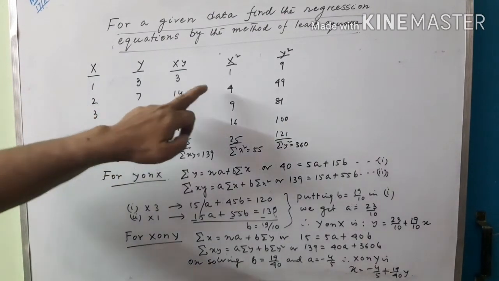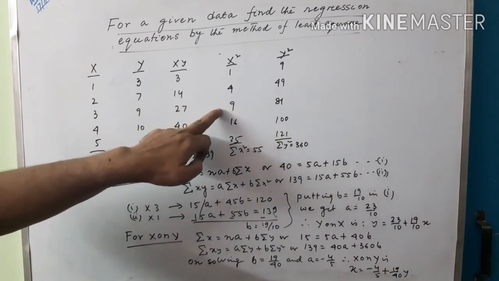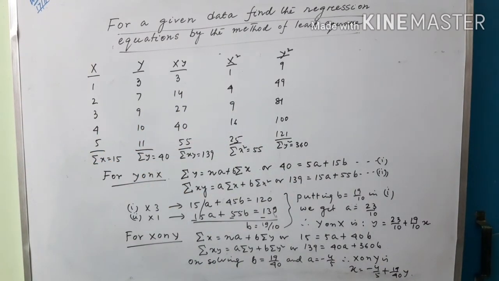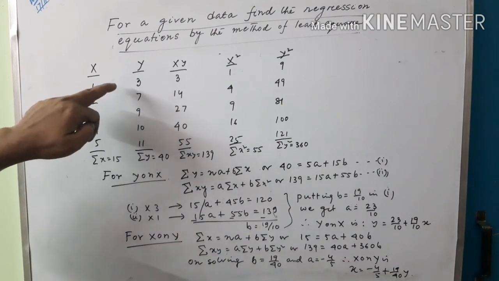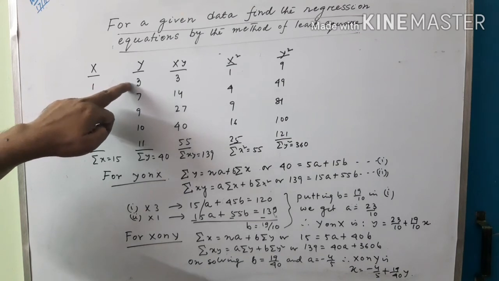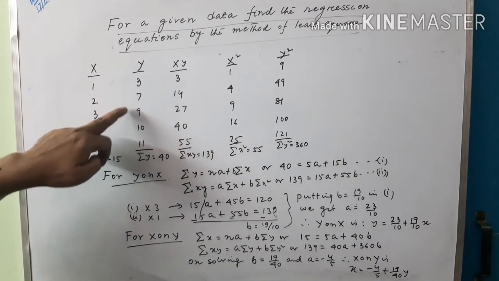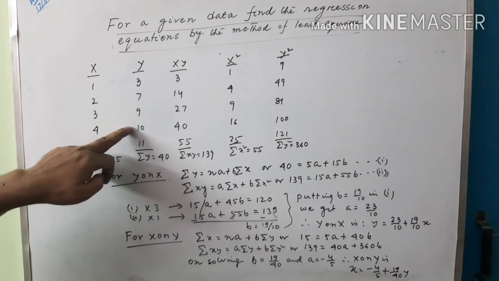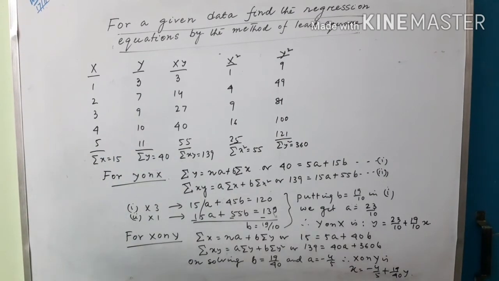Sigma x square, that is 1 square, 2 square, 3 square, 4 square, 5 square, is 55. And sigma y square, with 3 square, 7 square, 9 square, 10 square, 11 square, is 360.